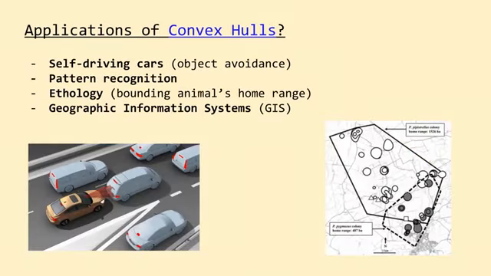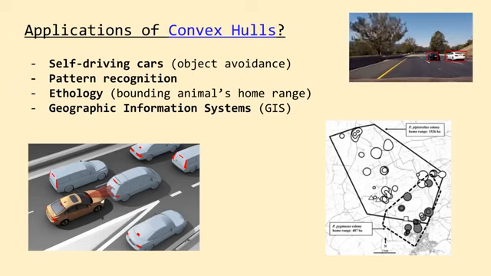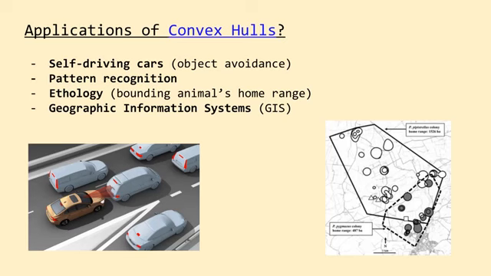Now that we have a rough idea of what a convex hull looks like, you may be wondering what they can be used for in the real world. A great example of a hot topic right now is object avoidance with self-driving cars, or any automated vehicle for that matter. Imagine your self-driving car is outfitted with a sensor that can only detect red taillights, or a crude camera that can only make out the edges of the cars in front of you. In either of these cases, if your car would like to make an informed decision, it needs to know the outer bounds on all vehicles surrounding it.